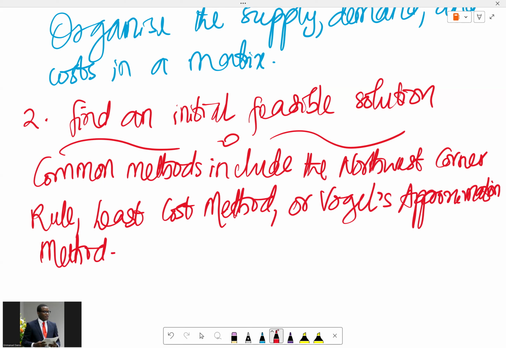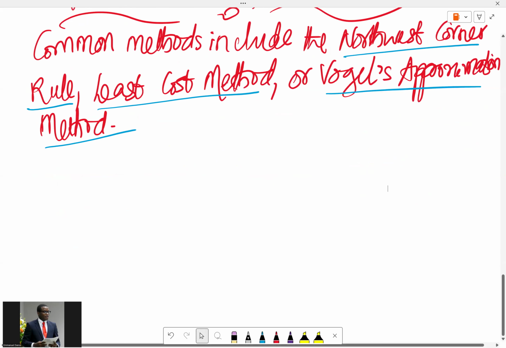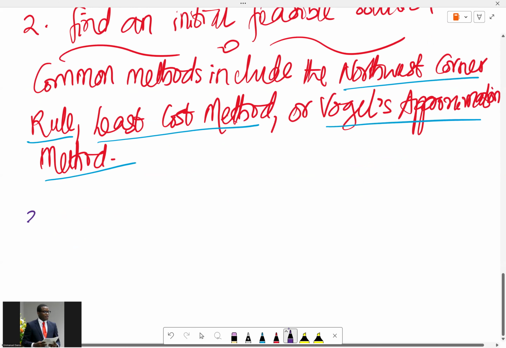I'm going to take time to treat each of the methods. I'll make a video for each one, starting with the northwest corner rule in the next video. But in this particular video, I'm just going to solve it like the normal linear programming problem we've been solving to get the optimal solution. Then we compare what we get now, which we know for sure is optimal, with what each of those methods will give us. That's the second step: find an initial feasible solution using any of the methods outlined.